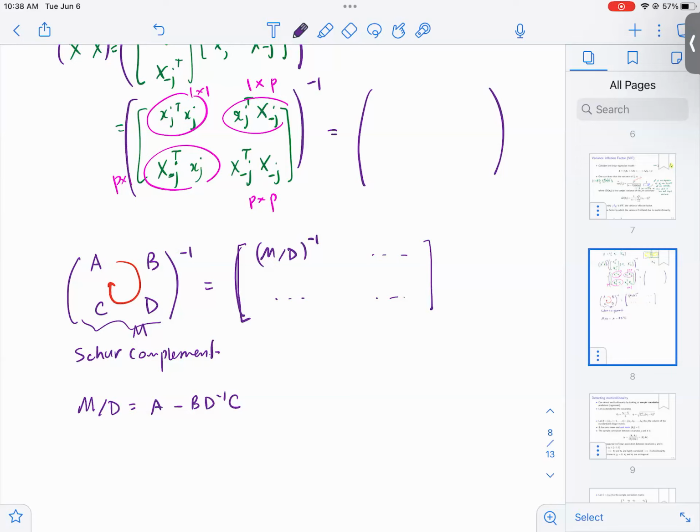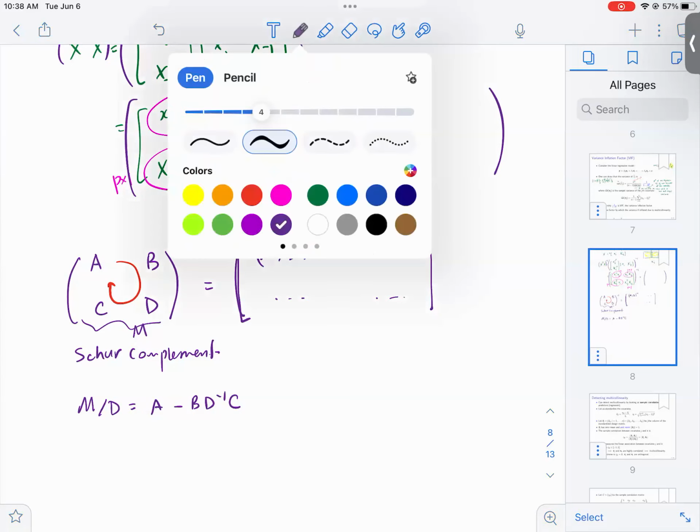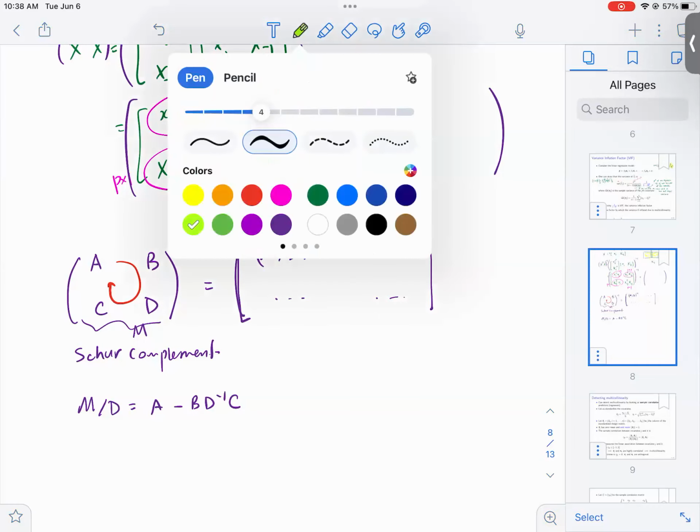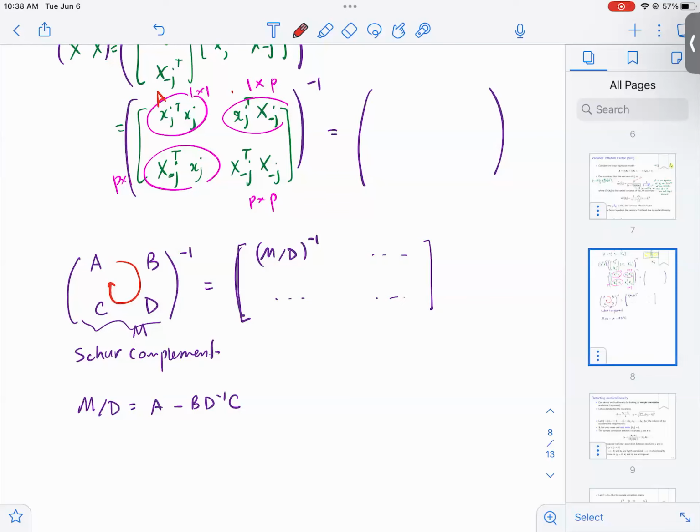But if you write this down, this is going to be our A, right? So I'm going to write this as B transpose, and this as B, and this as, yeah, okay, it's okay.